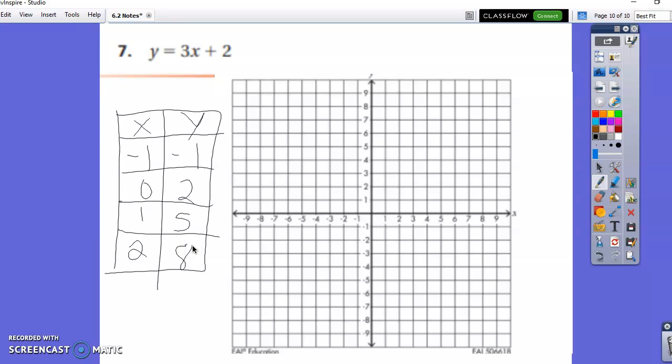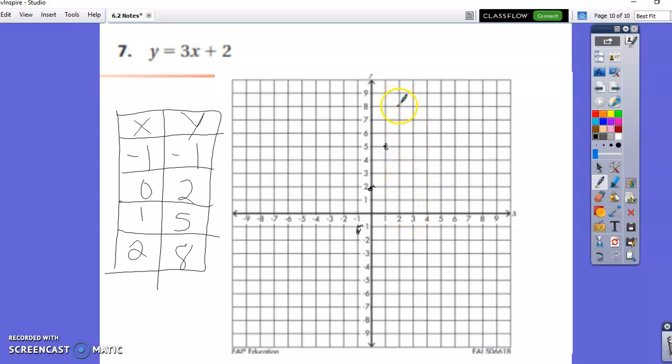Okay, let's go ahead and plot those. So negative 1, negative 1 is right there. Oh yeah, 0, 2 is right here. 1, 5.